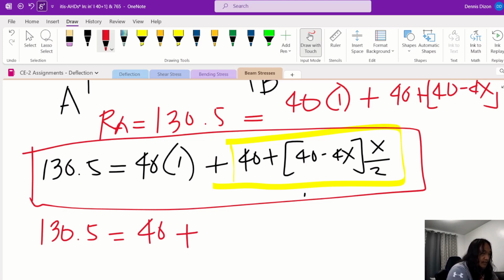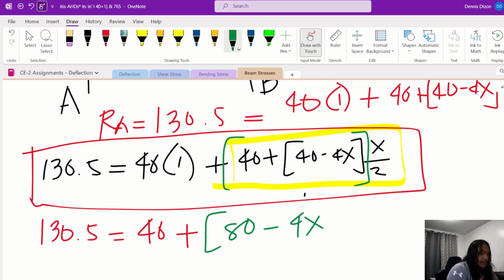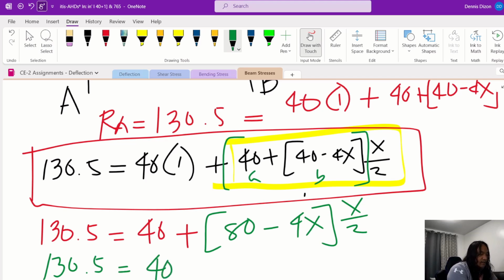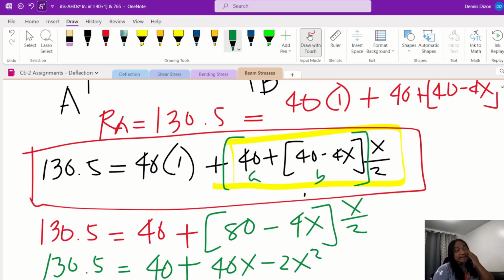We have another bracket here: 40 plus 40 is 80 minus 4x, and then x over 2, because this is our A and this is our B. So 130.5 is equal to 40 plus 80 times x over 2, which is 40x; 4x times x over 2 is 2x squared.